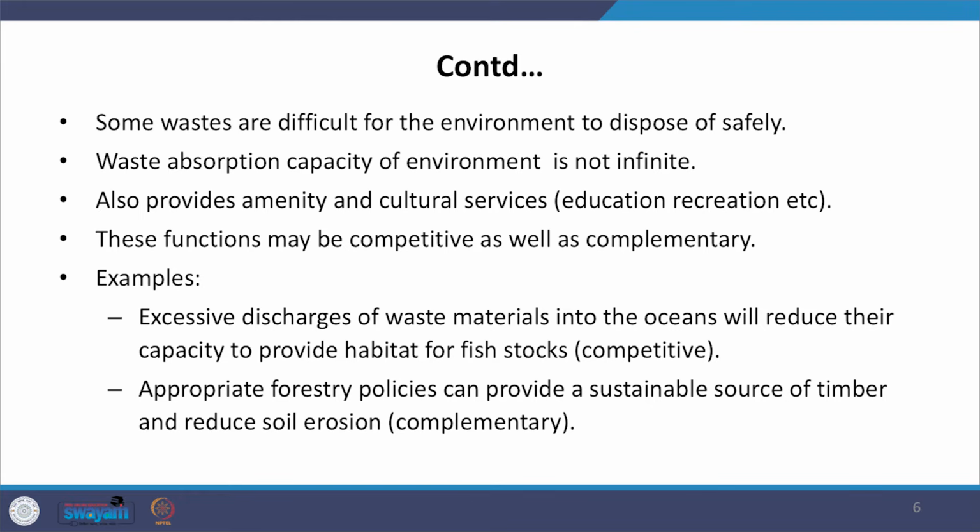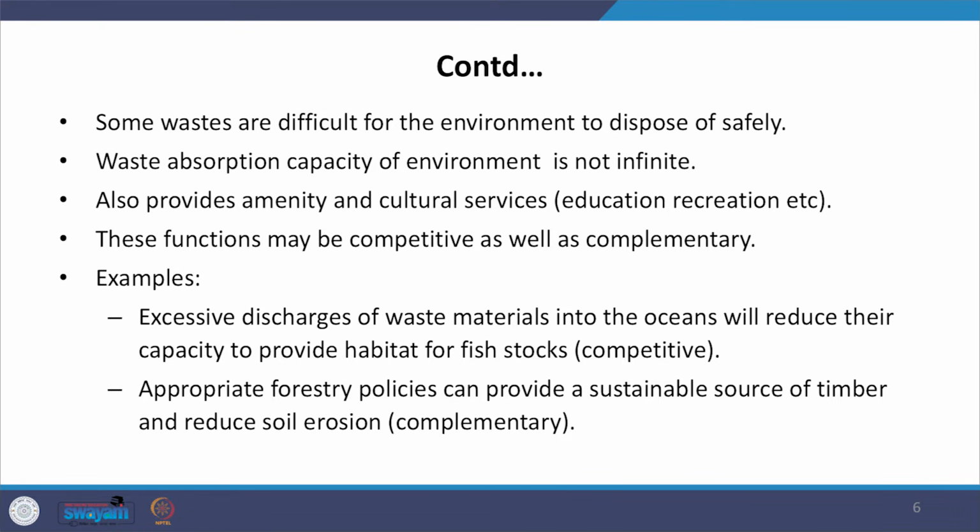These functions of the environment, providing services and goods to the economy, are competitive as well as complementary in nature. Some functions are competitive. Take an example: excessive discharge of waste material into the ocean will reduce its capacity to provide habitat for fish stock.